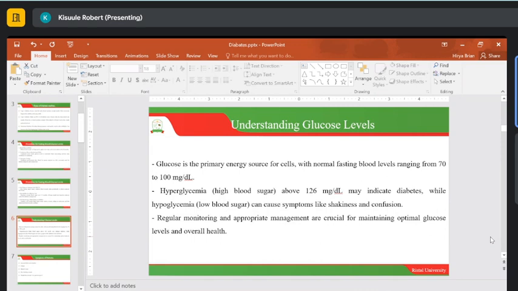Remember, the energy is required for your body to do all activities, even the breathing, even the walking, even the muscle contractions, etc. All these require energy, and if the energy is not there, we'll have a lot of problems with the body. So we want to maintain that optimum between the normal range of 70 to 100 milligrams per deciliter of blood. Okay.